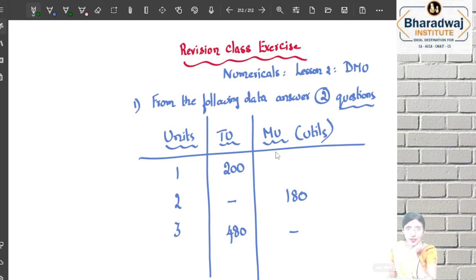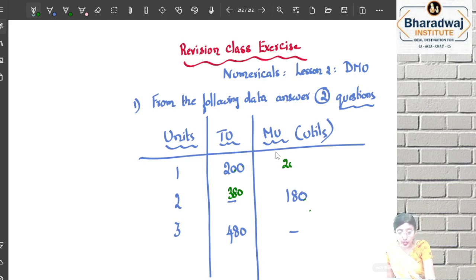Done. Okay, that's nice. Okay, what is TU? TU 200, MU 200. Or second one you asking? First one is 380. How did you get it? 200 plus 180. As simple as that. The first one, you can just do it like this, summation.